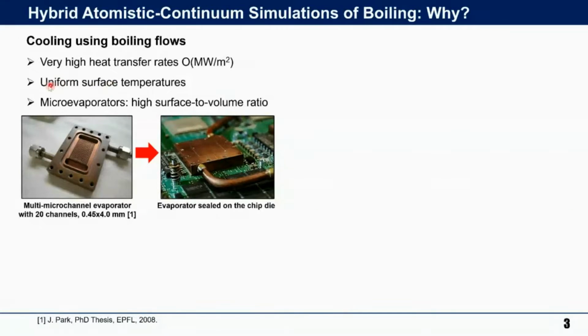And if you arrange the flow in what we call multi-microchannel evaporators, you can achieve a very high surface to volume ratio so that you have a very compact cooling system.